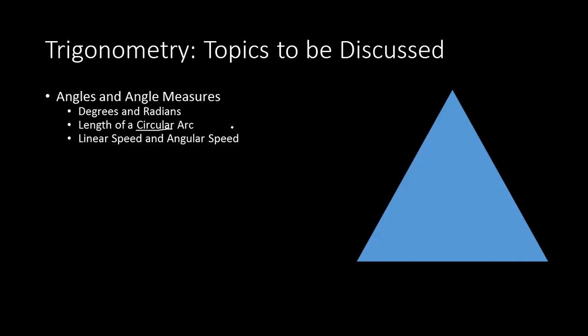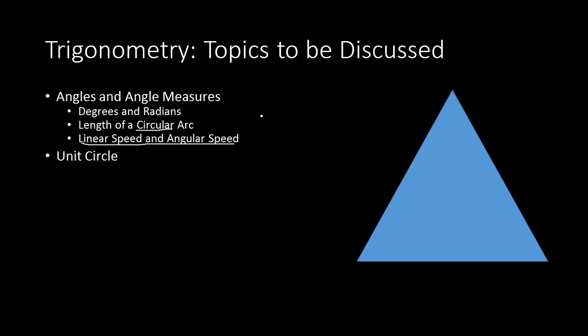All right? Then here we have linear speed and angular speed. Why do we still need to discuss this one? Because overall, this is basically a physics topic, but it also involves the application of angles and angle measures. So we will learn more about that soon. Then, the second topic we'll discuss is the unit circle.